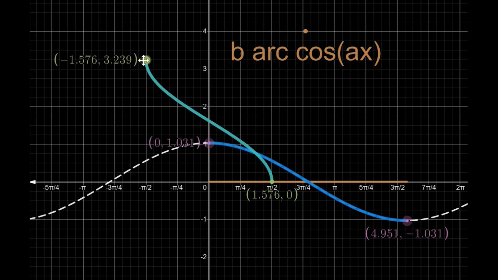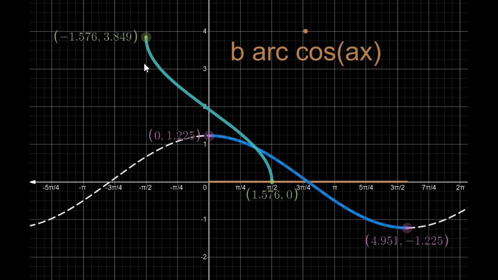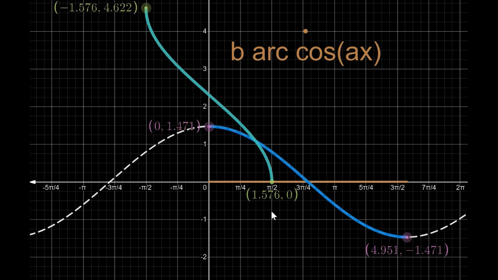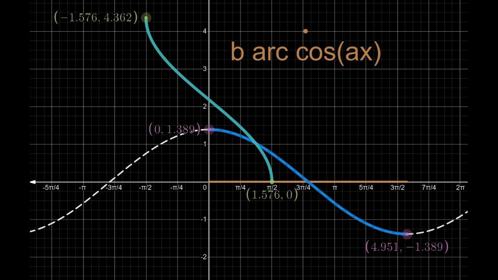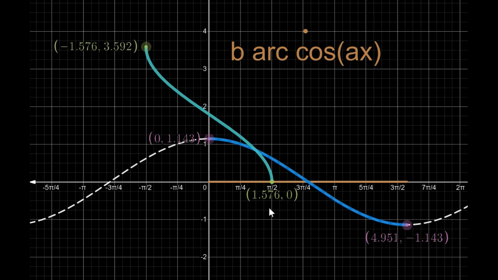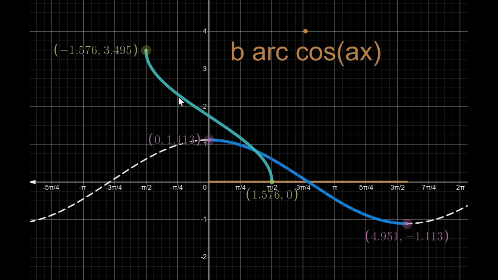So if b is greater than 1, it is higher, and if b is less than 1, it is lower than arc cos x. So you see how the vertical stretch and horizontal compression affect both the function and its inverse.